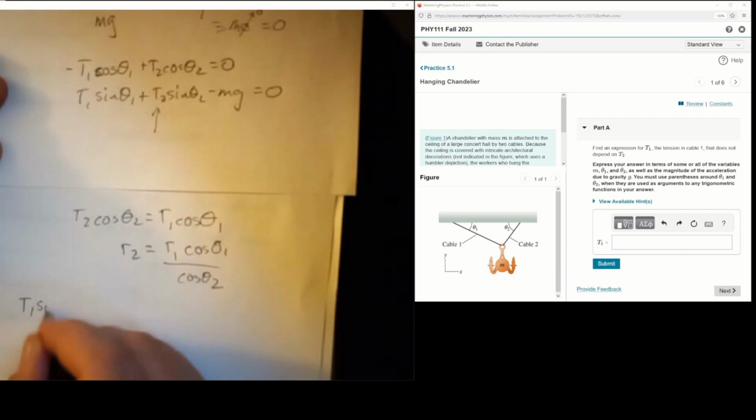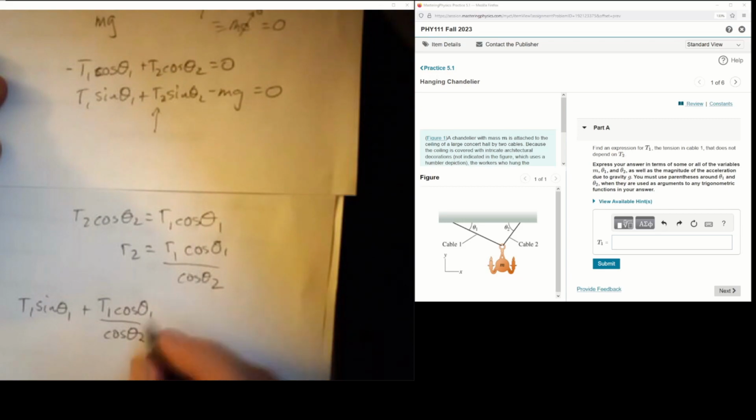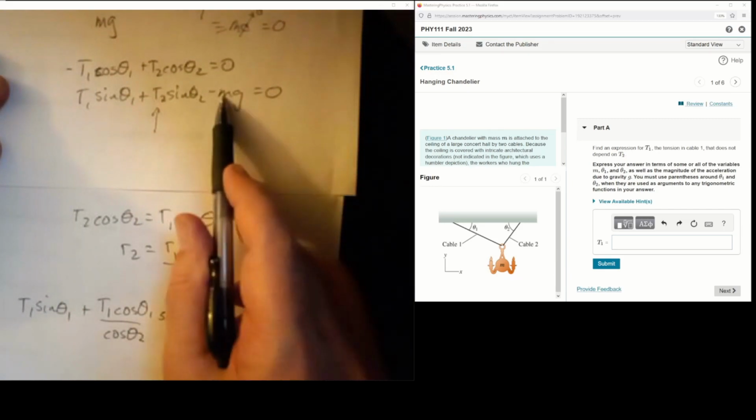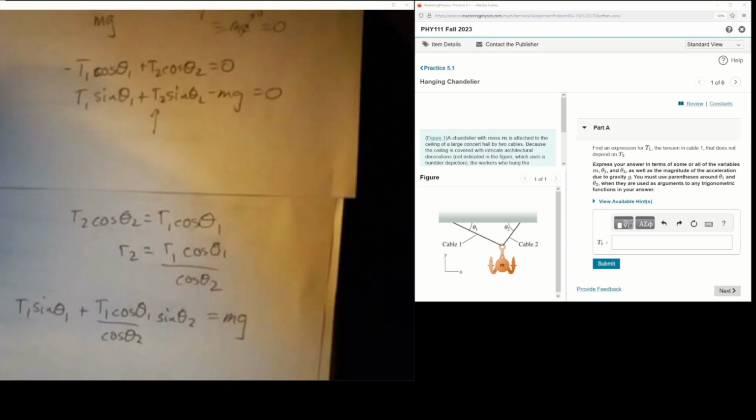So we would get T1 sine theta 1, and now instead of T2, we've got T1 cosine theta 1 over cosine theta 2, times sine theta 2. And that minus mg, we're just going to move it to the right side to make that a plus mg over there.